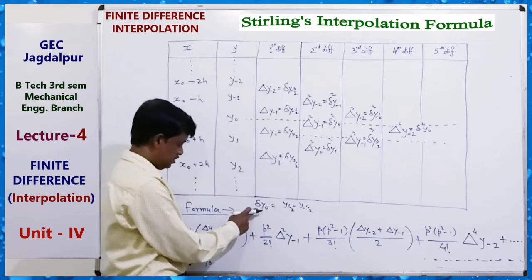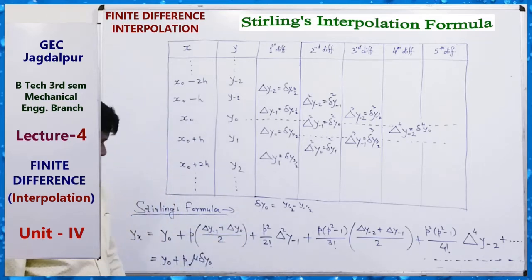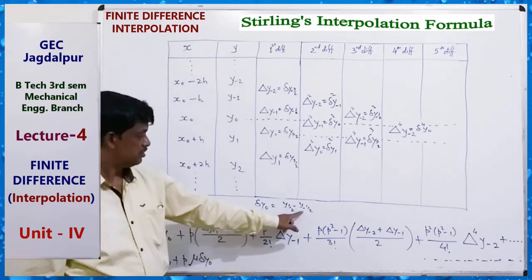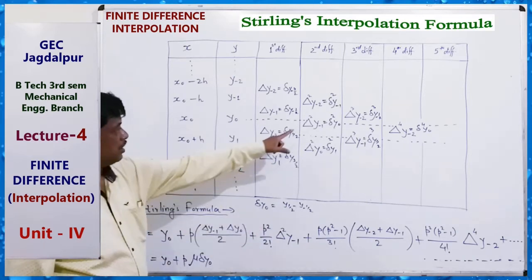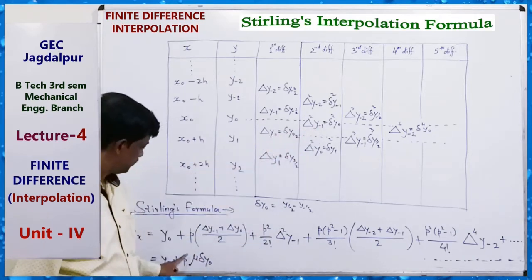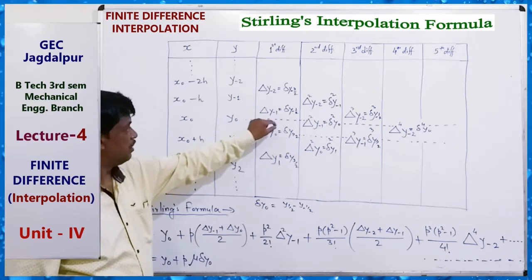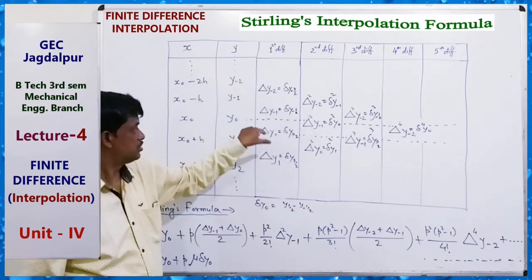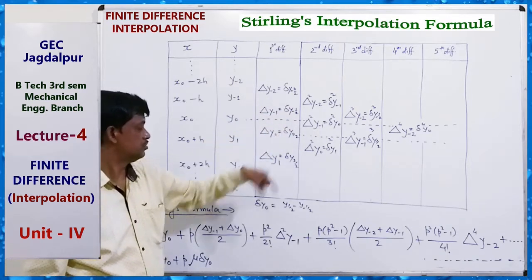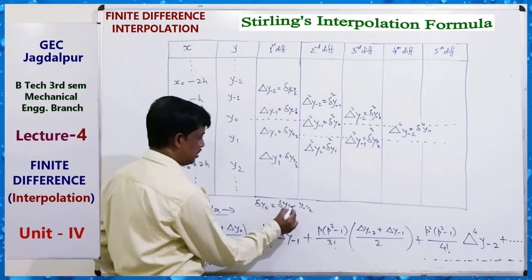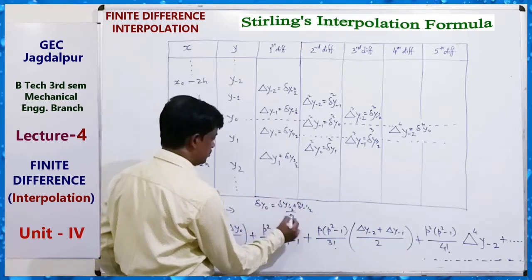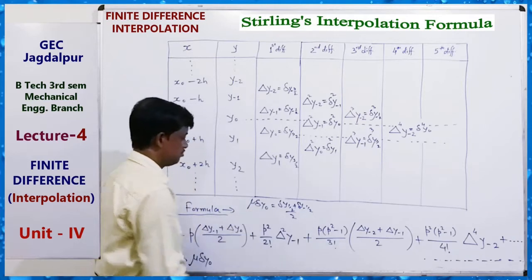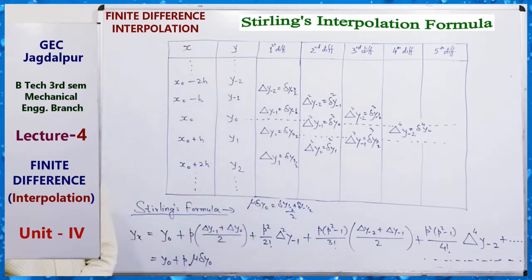And delta y0, this. Here the average of these two means delta y half plus delta y minus half by 2, mu, the average of these two.